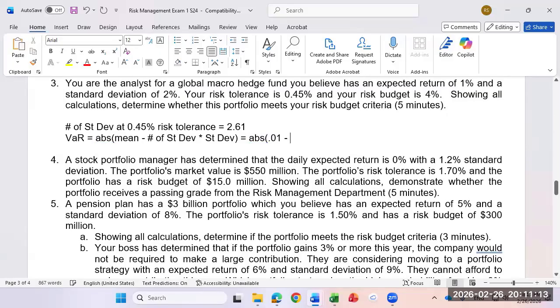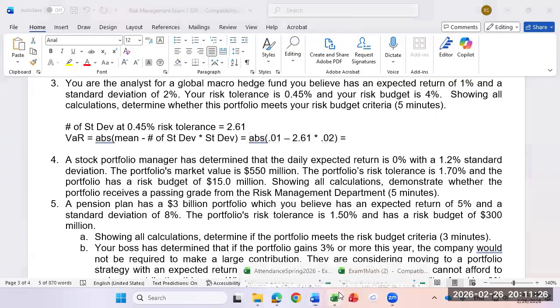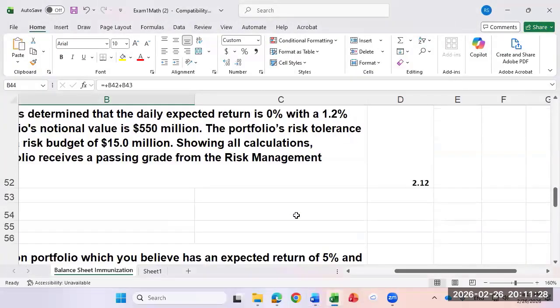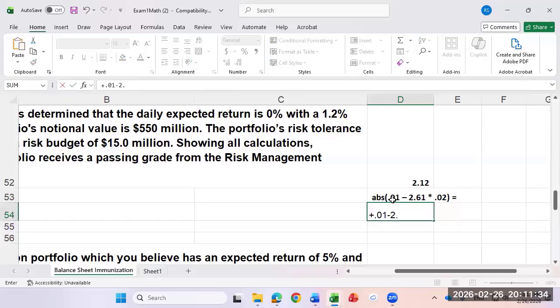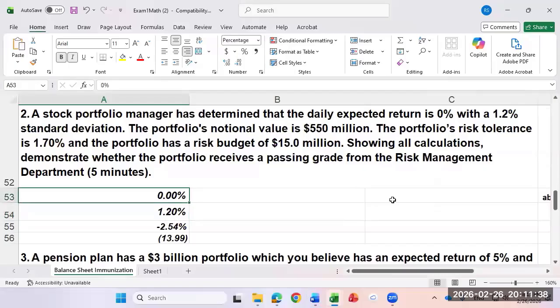So minus 2.61 times our standard deviation. Your standard deviation is 2%. So 0.01 minus 2.61 times 0.02, and you get 4.22%.